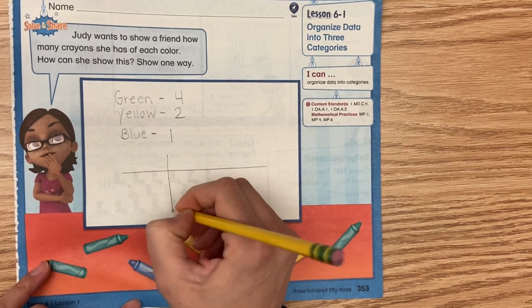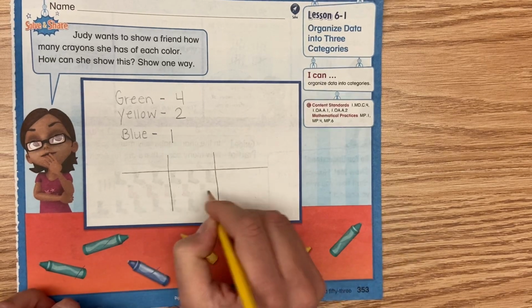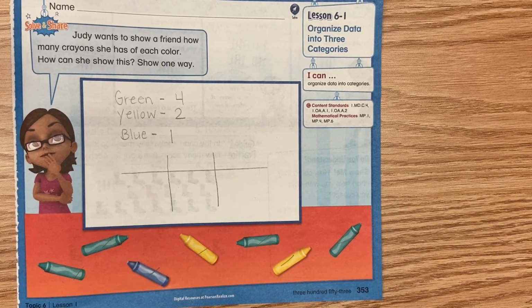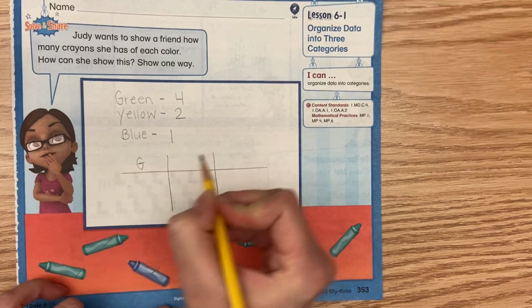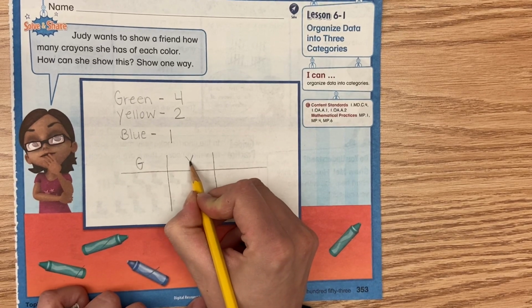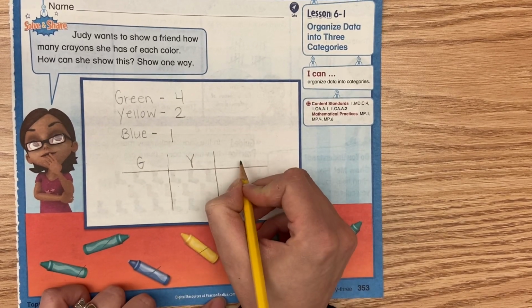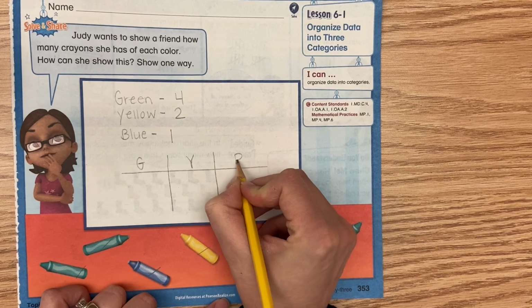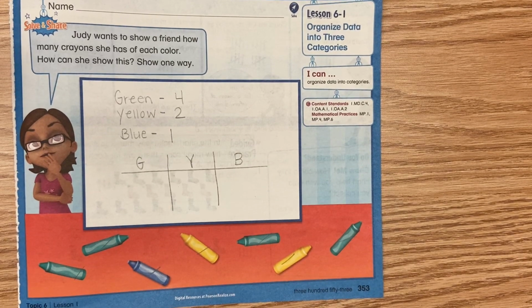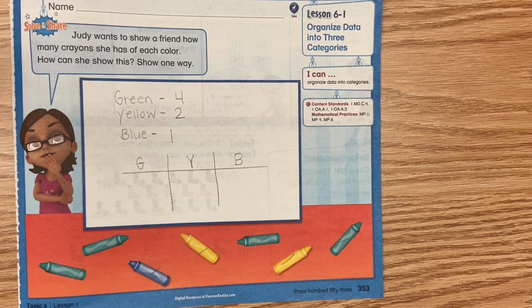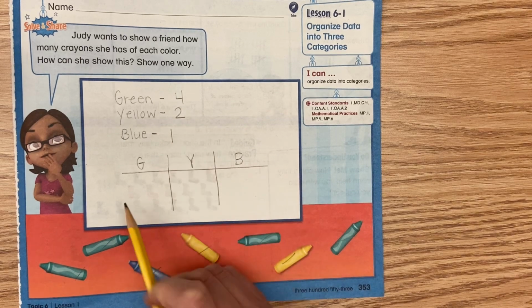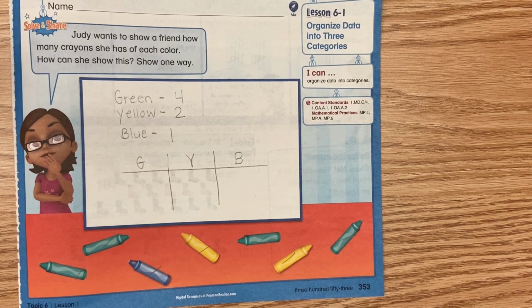I want to have 3 sections for my tally chart: 1 for the green crayons, 1 for the yellow, and 1 for the blue. Now, instead of writing numbers, I can use tally marks.